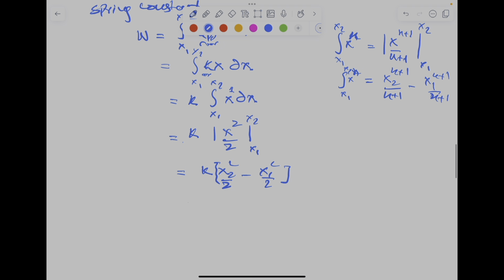So we get k x2 squared over 2 minus k x1 squared over 2. So this is your work, one half k x2 squared minus one half k x1 squared. So this is the work done by the spring.